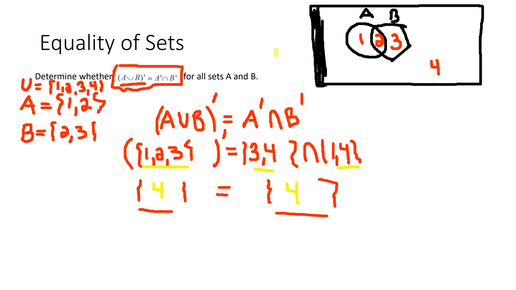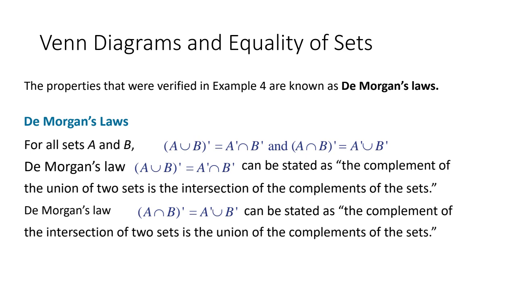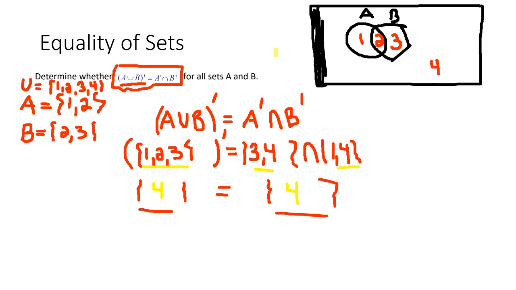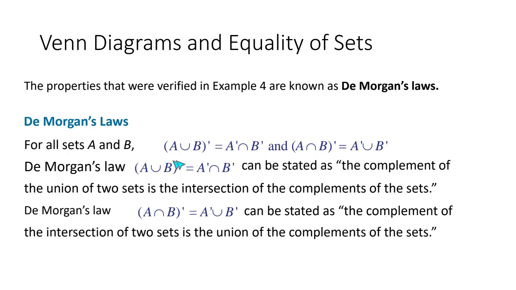Now the good thing is we have something called De Morgan's Law, and by what we just did over here, what we just proved essentially is that if you have this right here, then this is going to be true. And if we have A intersected B complement, that is also true for A complement union B complement.